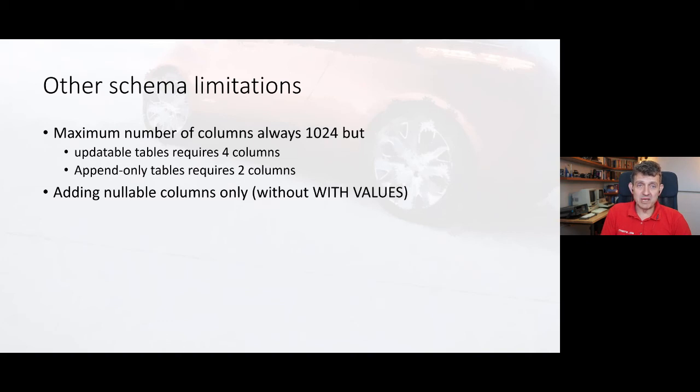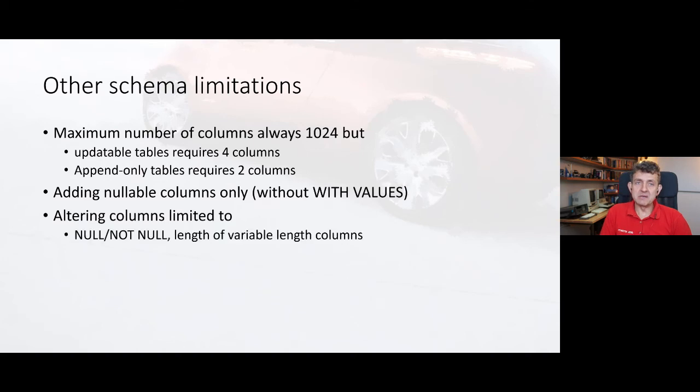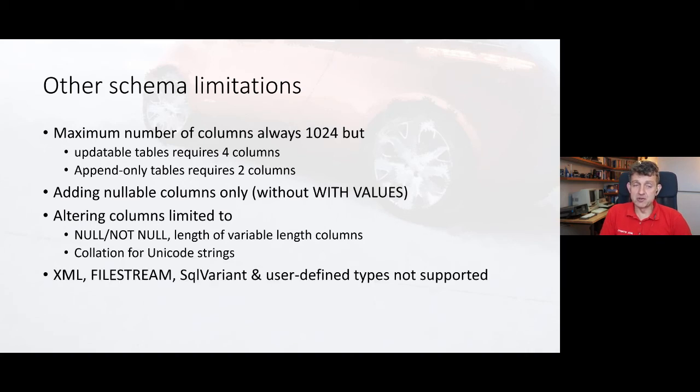Imagine if you could specify a value: all of the digest, since the digest is at the database level, would be invalid. You can alter columns, but this is limited to nullability and the length of variable length column types. You can also change the collation only for Unicode strings. And there's no support for special types like XML, FILESTREAM, SQL_VARIANT.